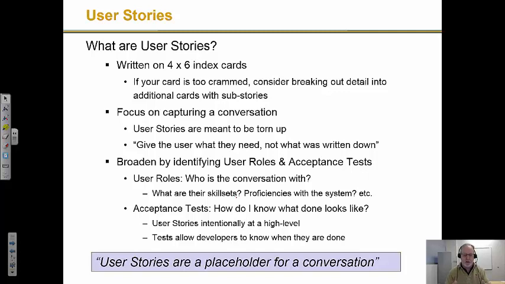It could be something that needs to be broken up, or it may not be a user story at all. You may be trying to write a more traditional form of requirements than a user story itself. And the reason for that is the point of the story is to capture a conversation.